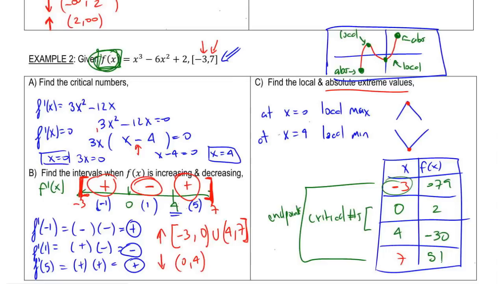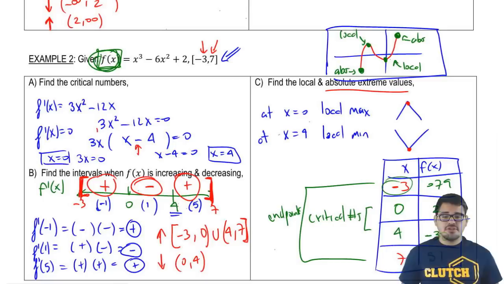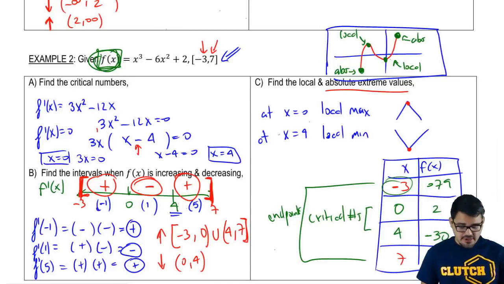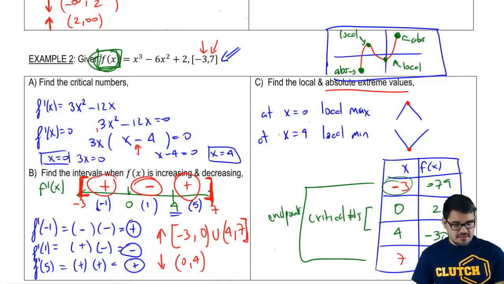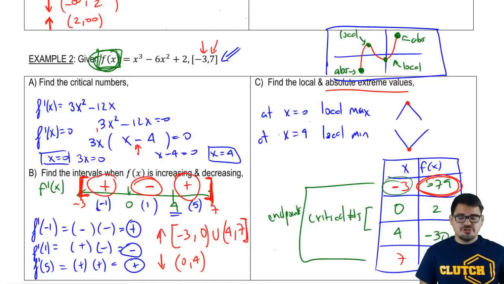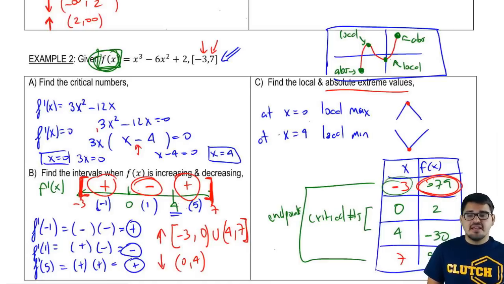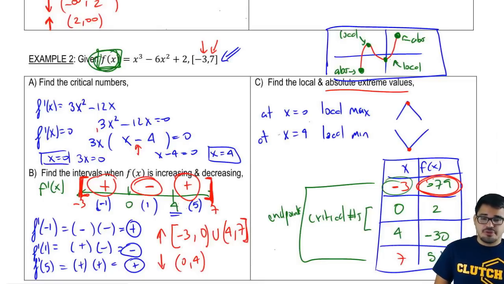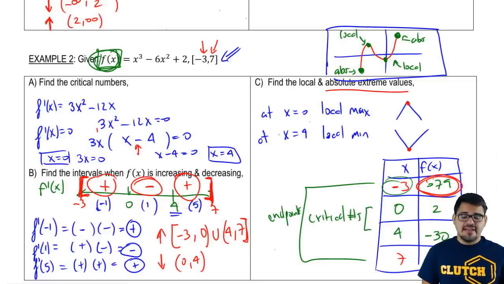So now, what we can see is that the lowest value occurs here at -79. So our absolute minimum occurs at x equal to -3 with a value of -79.